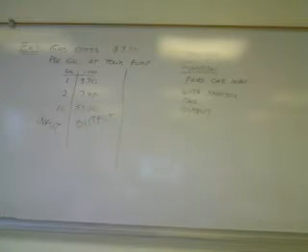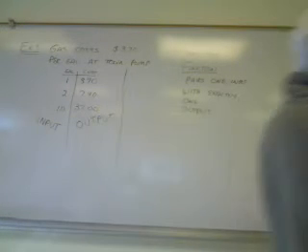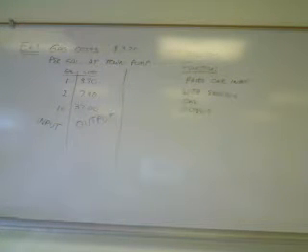A function is going to match up one input, one x, with exactly one y. I tell you the x, you can tell me the y. That type of relationship is a function.